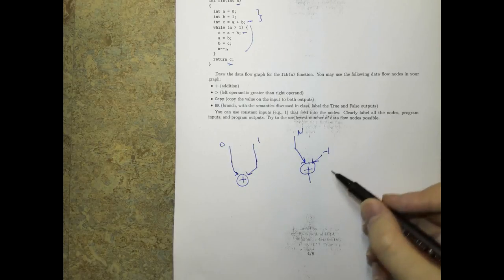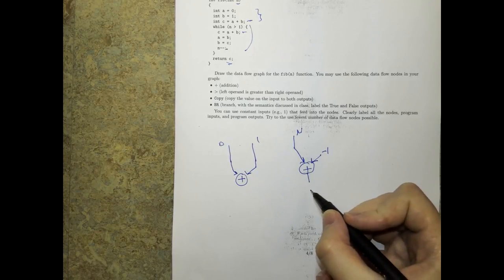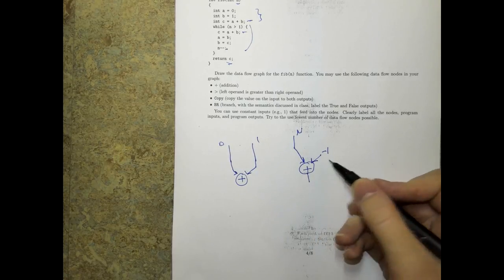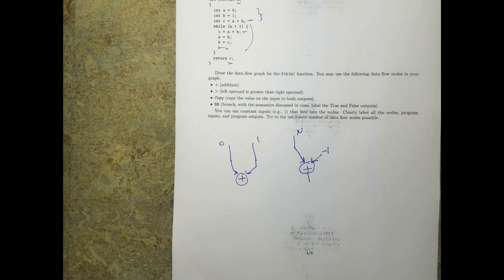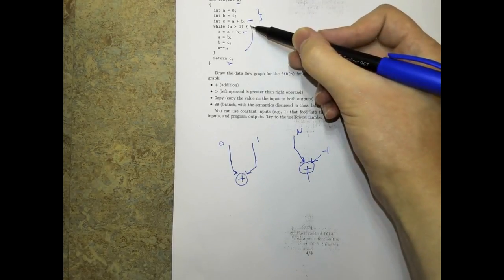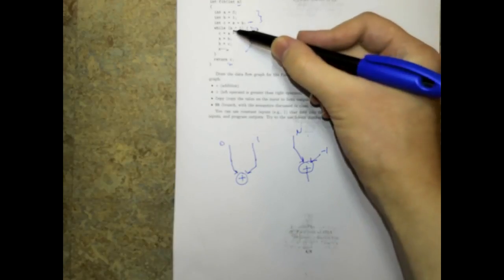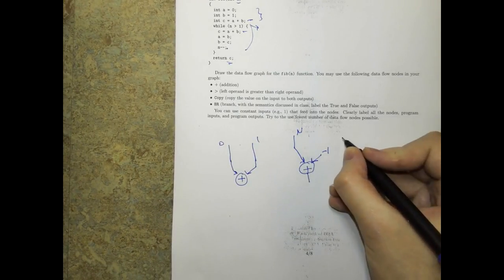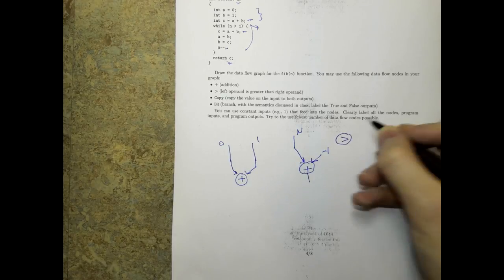But this comparison shouldn't be here after the subtraction, but should be before that, right? Because here we first check for n's value before any subtraction. So I'm not sure how to draw it nicely, but let's do it like this.